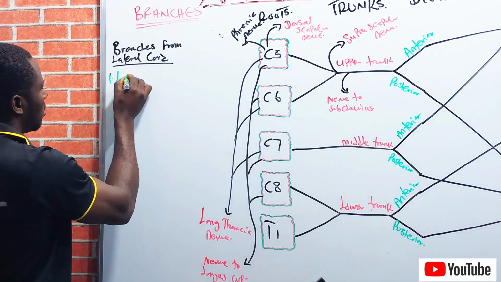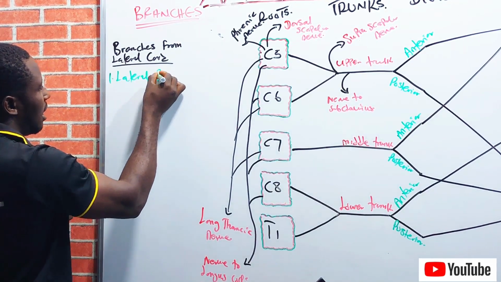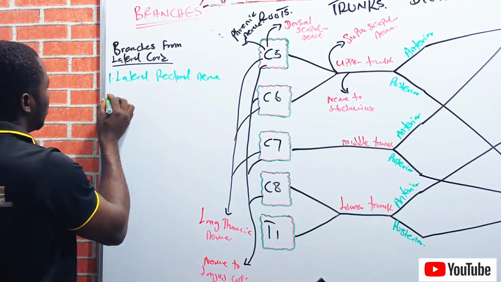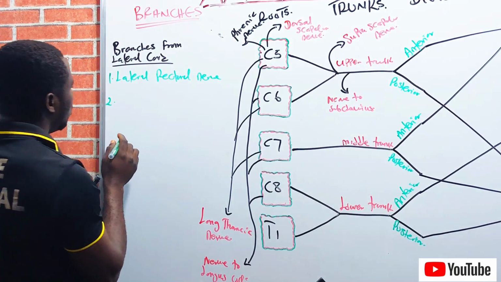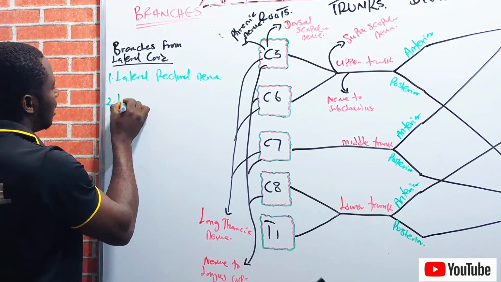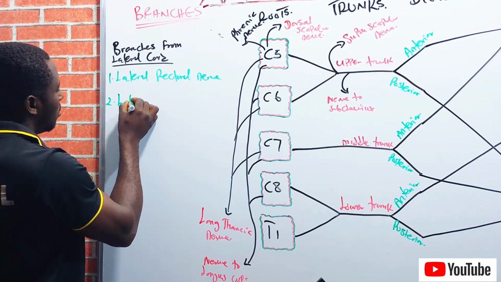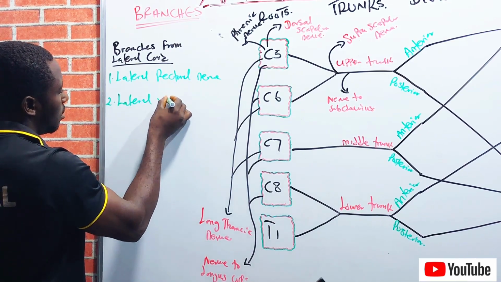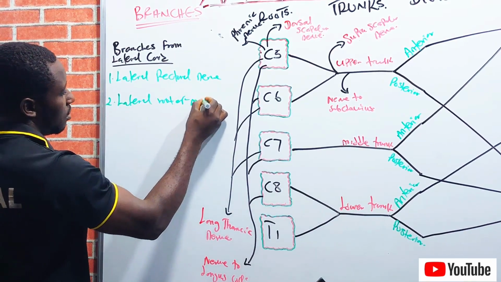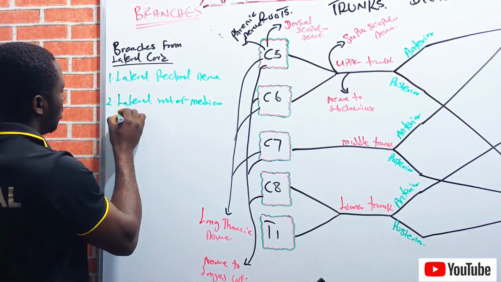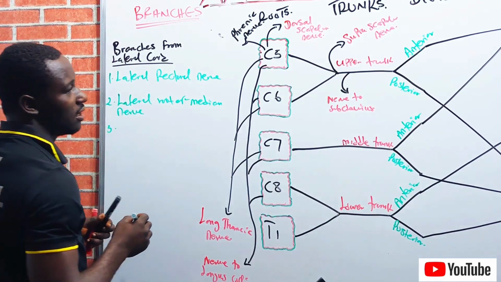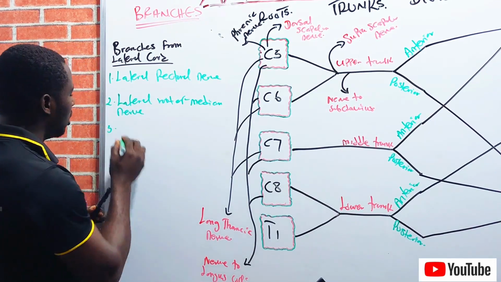One is the lateral pectoral nerve. Two is the lateral root of the median nerve. Three is the musculocutaneous nerve.